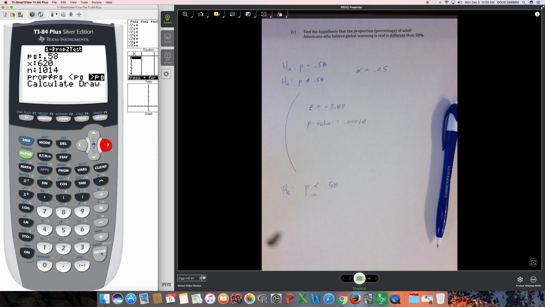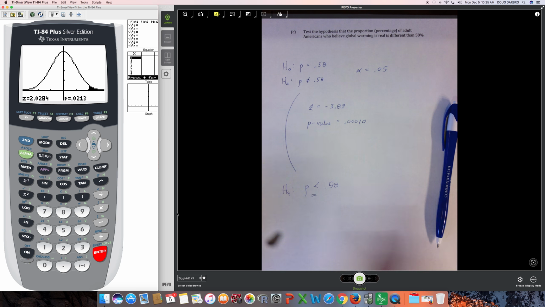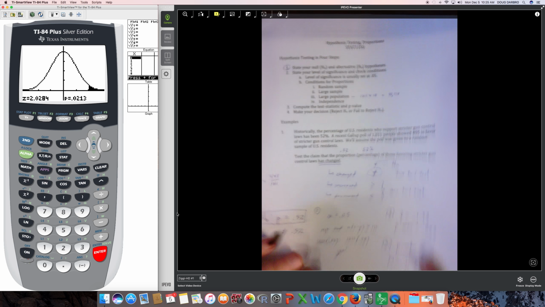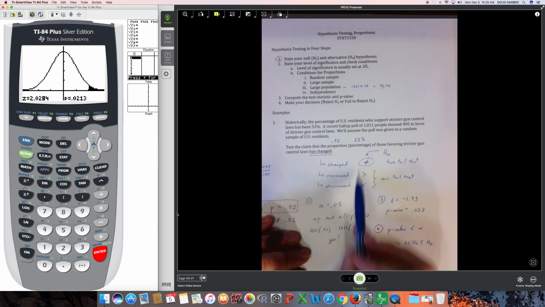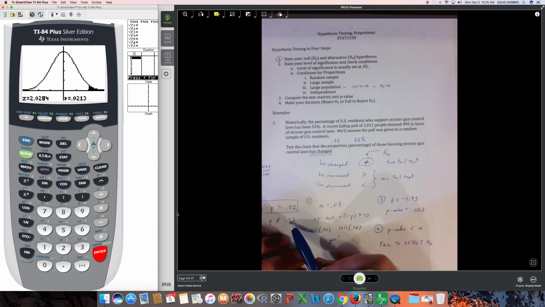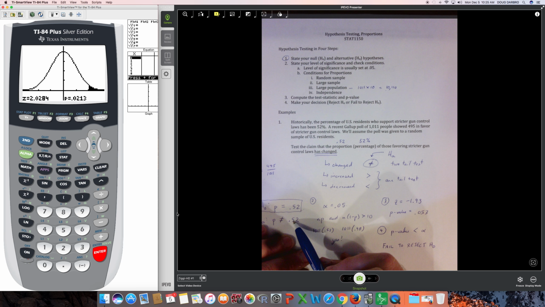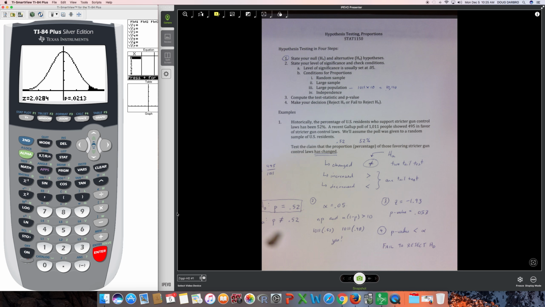And because we tested greater than, the calculation of our p-value is going to be up in the right-hand tail. See, like that. So I just want to show you that the shadings and the calculation of the p-values is just area under the curve, and it all corresponds to the decision we make early on, the sign that will be in the alternative hypothesis. All right, gang, that's it.